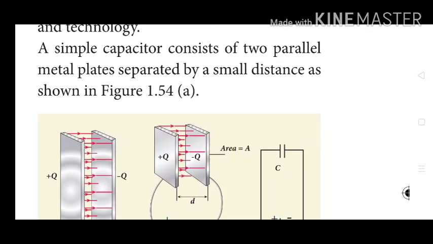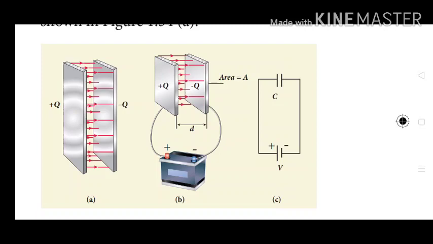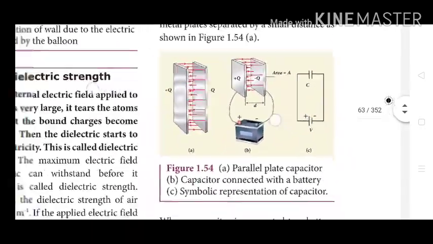A simple capacitor consists of two parallel metal plates separated by a small distance, as shown in the diagram. So we should understand the concept of capacitance of a parallel plate capacitor.